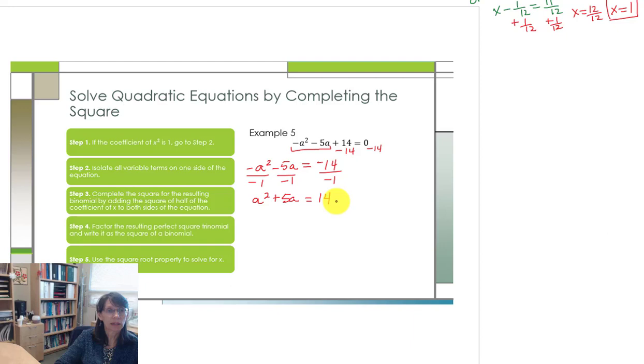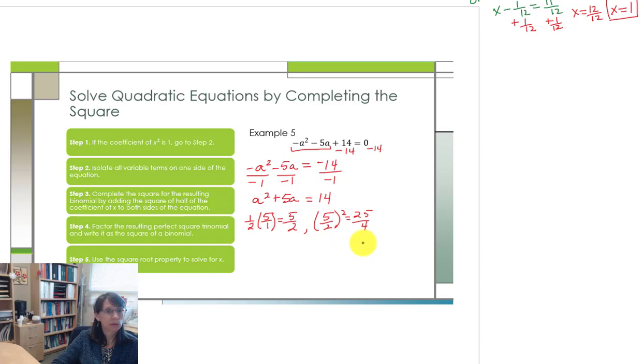So this quadratic equation now is equal to positive 14. So now we're ready to find half of this coefficient and square it in order to know how to write our perfect square trinomial. We'll look for half of 5, which is 5/2, and squaring 5/2 we'll have 25/4.